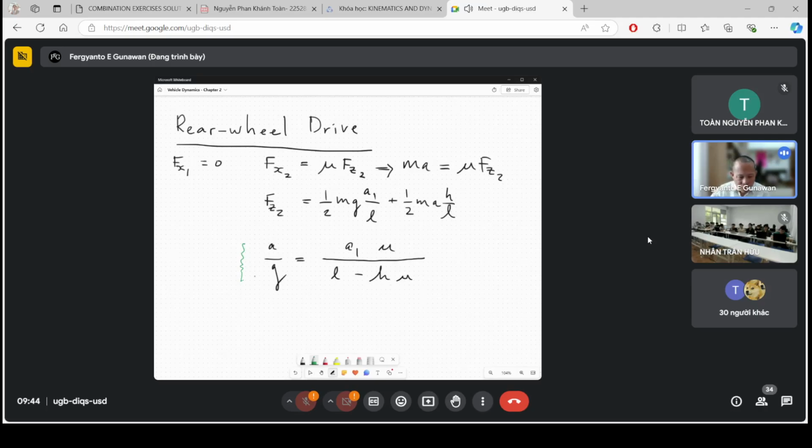And if you have a front wheel drive, then the maximum acceleration by the front wheel is a2 multiplied by mu, divided by l plus h multiplied by mu.